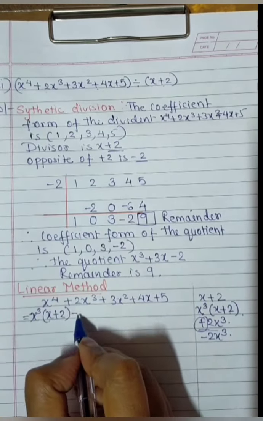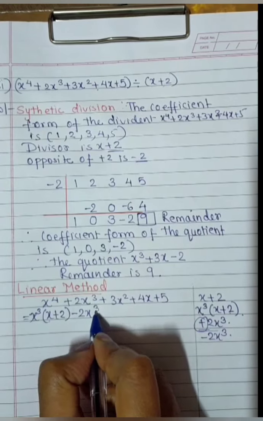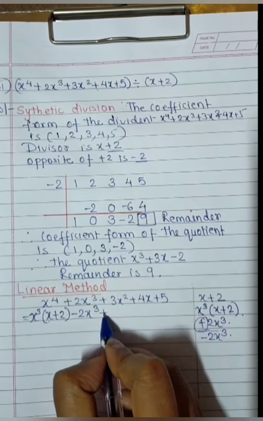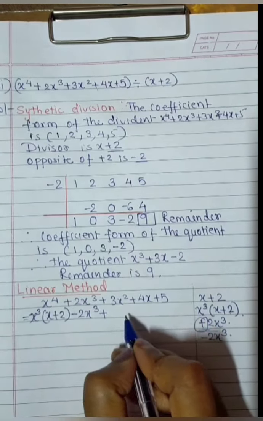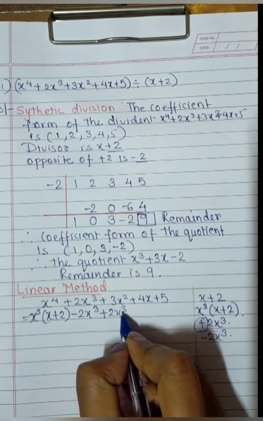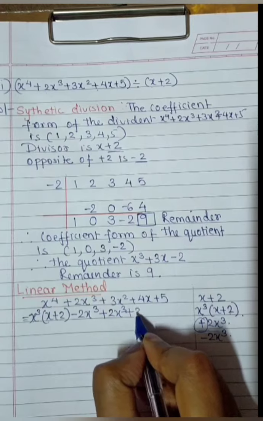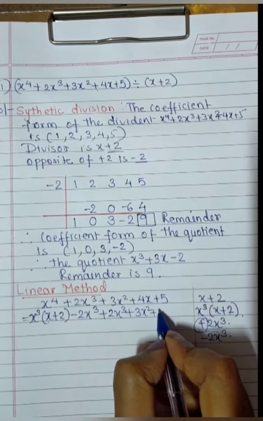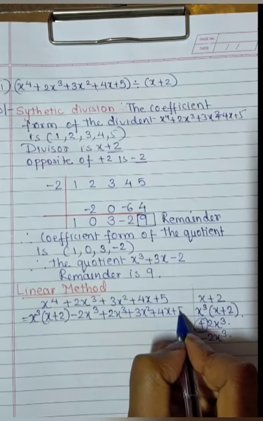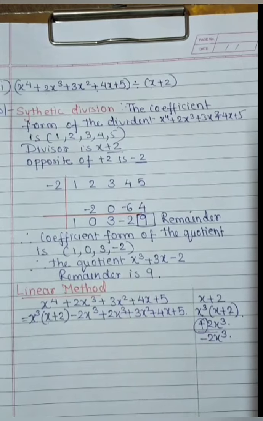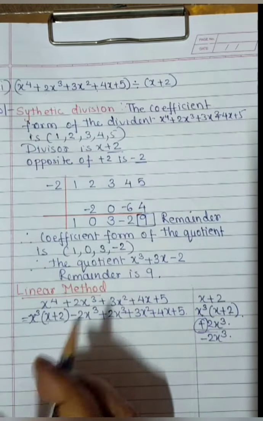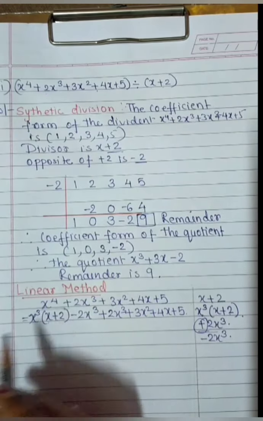So I'm taking here minus 2x cube, again plus 2x cube, and the remaining equation as it is, plus 3x square plus 4x plus 5, okay. Now we have solved this part.